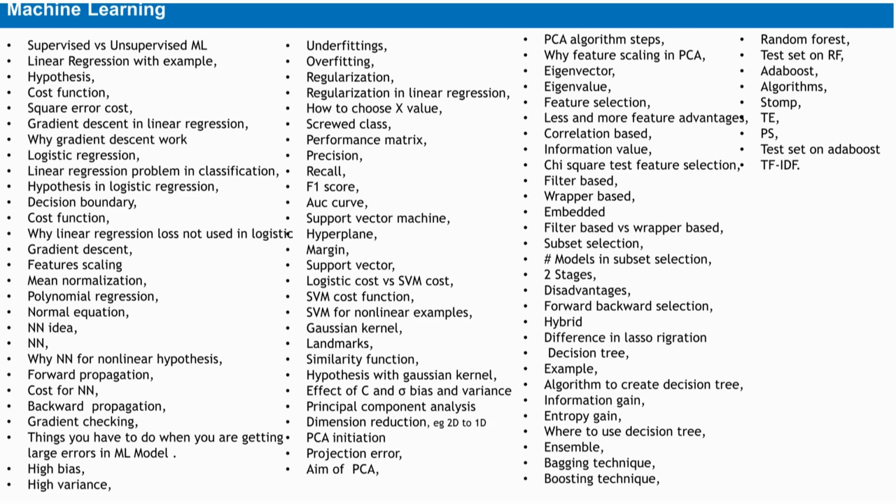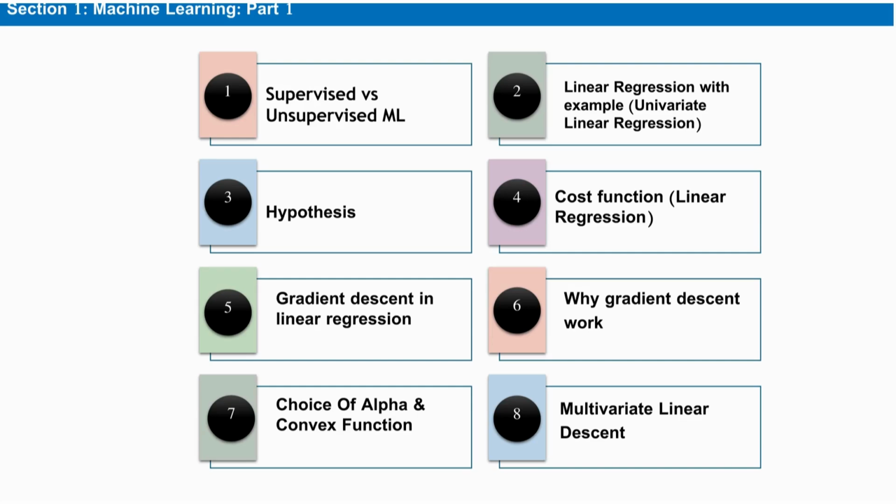These are the basic concepts we need to first clear, and we need to understand all of these things. So this is a very important thing, so please don't miss any topic from this machine learning section. Now we will start section 1, which is machine learning.